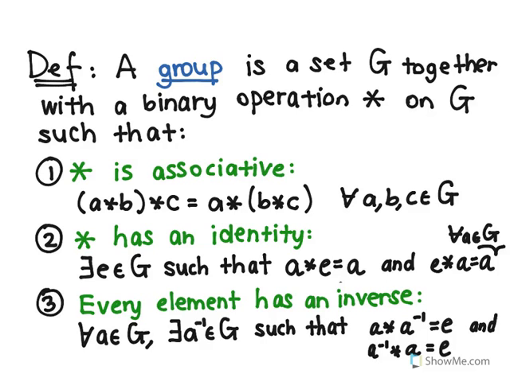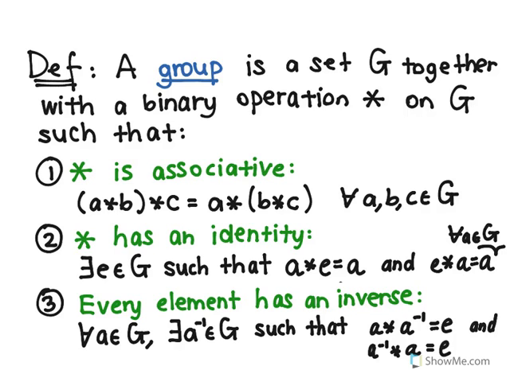The third and final condition I'll require is that every element of G should have an inverse. What that means is that for all A in G, there exists some other element of G, which I'll denote with this A to the minus 1, and I'll call that in words A inverse, or the inverse of A. And that's an element such that if I do A star A inverse, I get the identity.